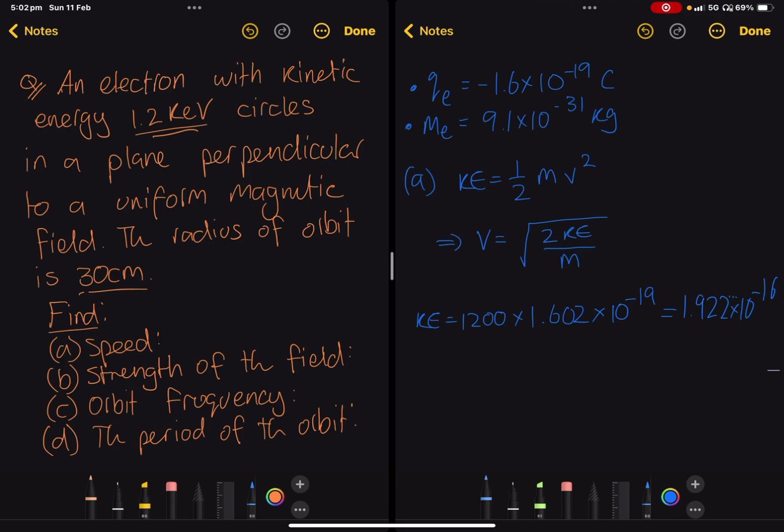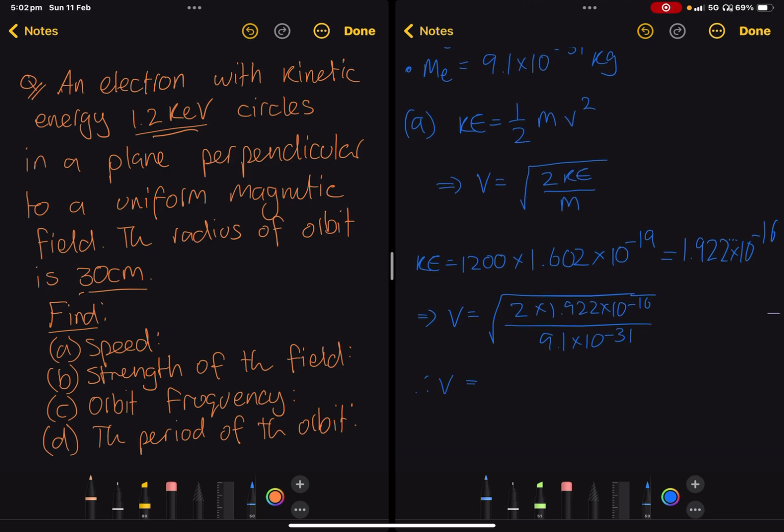So now we're going to use this kinetic energy. We find that the velocity is the square root of 2 times this kinetic energy, 1.922 times 10 to the minus 16, all divided by the mass of the electron, which we know is 9.1 times 10 to the minus 31.